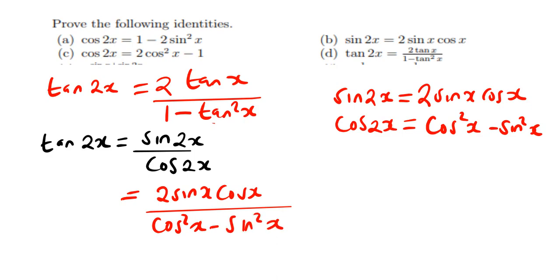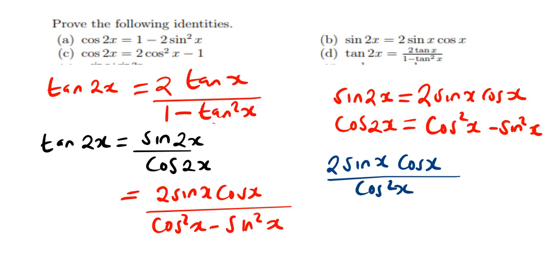Then what we're going to do is something very interesting. We're going to divide the whole expression by cos squared x, and in this case you are assuming that cos squared x is not equal to 0. Why? Because if you divide by 0, it becomes undefined. You know that, right? So let me divide everything by cos squared x. 2 sine x cos x is on top, and I'm dividing by cos squared x.